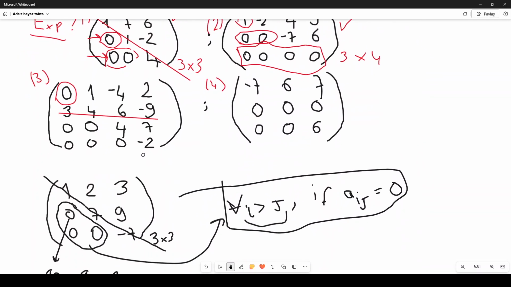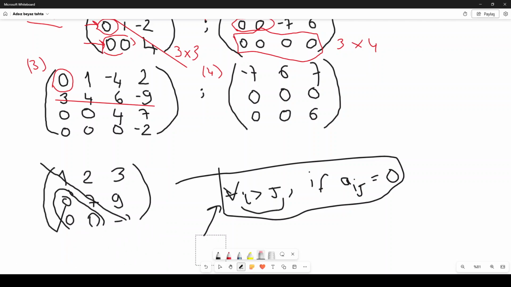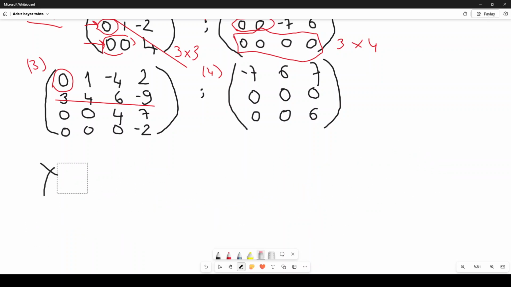By the way, it's not a row echelon matrix, but can we convert it into a row echelon matrix? Let's see what we can do about it. So this is not in row echelon form, but is it possible to convert it into one which is row echelon?